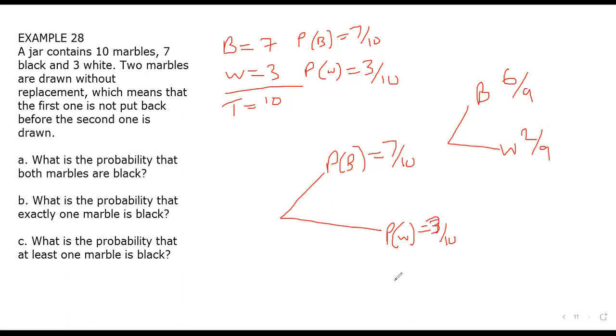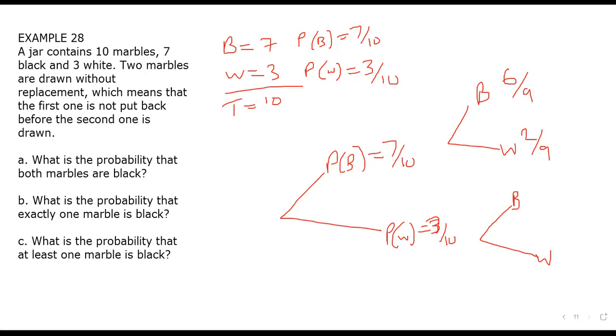Please agree with me so that we move together. Then we go here, white and black. So we started with white, then we go to black. The white marbles will remain the same, but the black marbles will reduce, from 7 to 3.